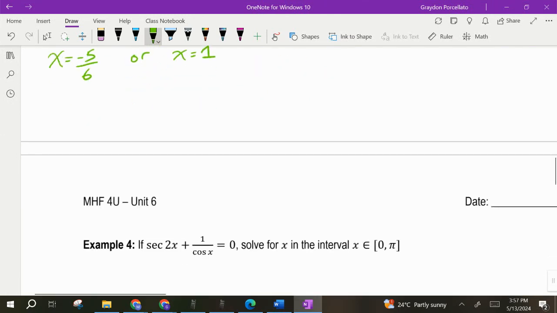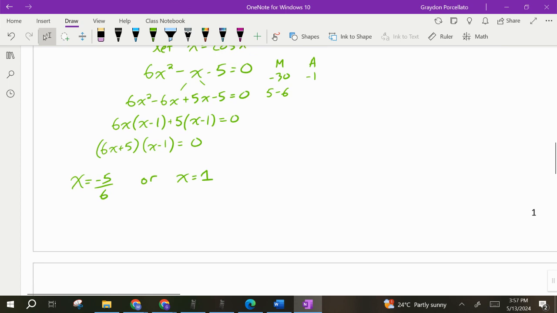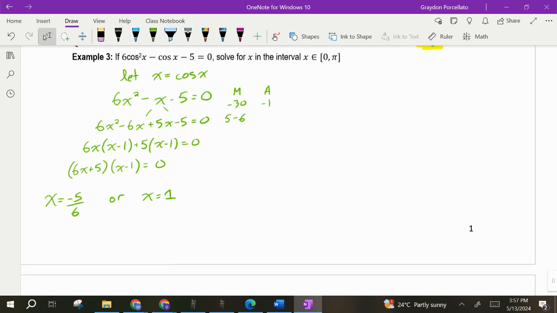Okay, how much space do I have? So what I'm going to do now is bring this little note over here. I'm going to focus on this one first. So we're going to sub cos back in. So we get cos of x equals negative 5 over 6. I'm going to rearrange. I'm going to do x equals the cos inverse of negative 5 over 6. Oh, sorry, I should have negative there.